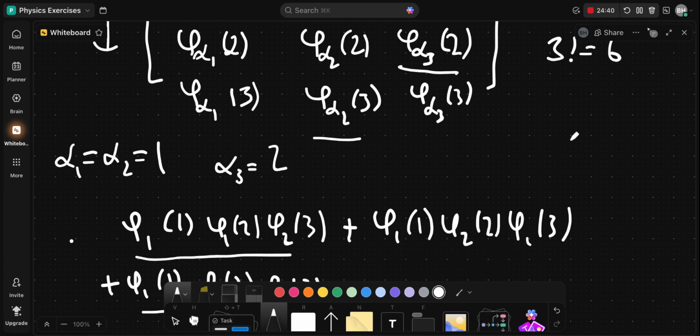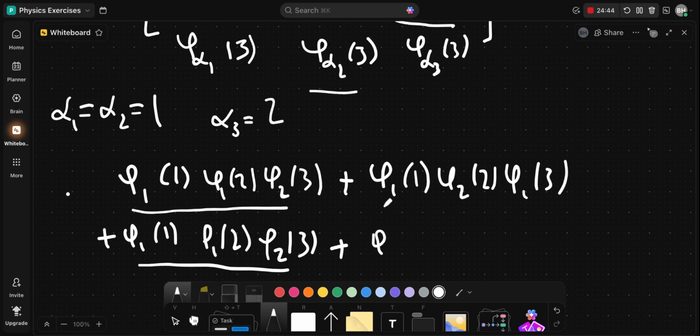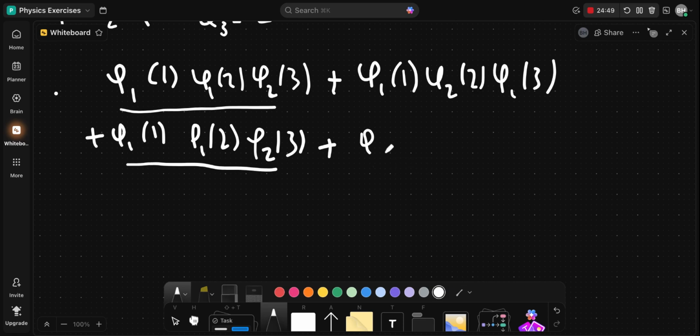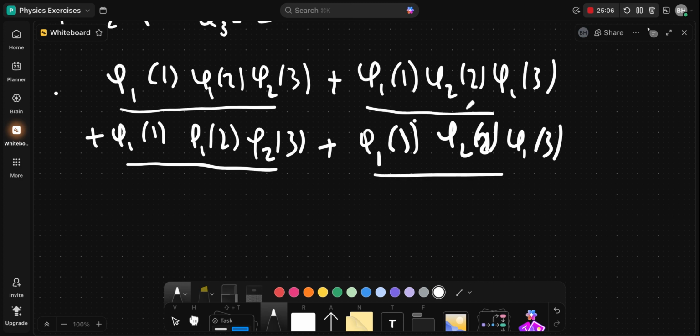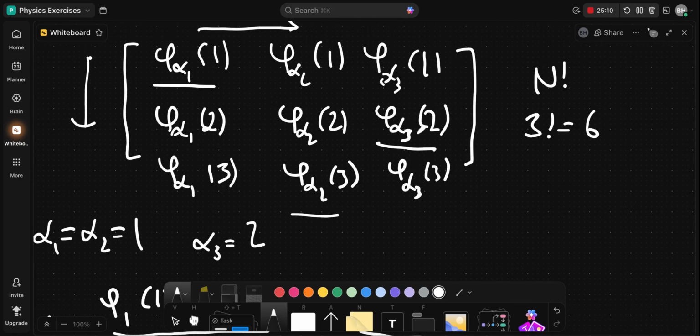Let me just finish that for completeness. So I have phi 1, 1, phi 1, 1, and phi 2, 2 and phi 1, 3. So that's exactly the same as this one. So we didn't generate any new terms by the second part of this permanent.